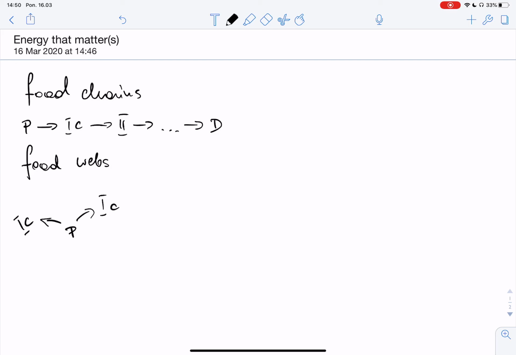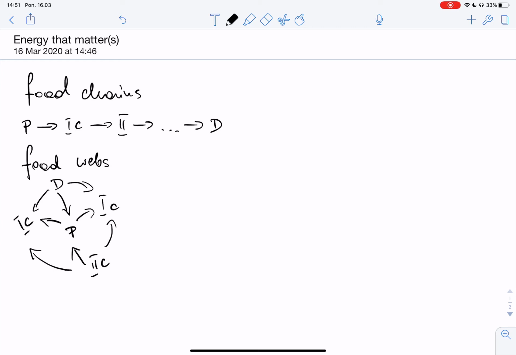But this primary consumer is also prey to a secondary consumer. But the secondary consumer, if it's omnivorous, can also eat the producer, which in this case is a plant, and it can basically work in many directions, and all of them are being broken down in the end by decomposers. So this is more what it looks like in reality.